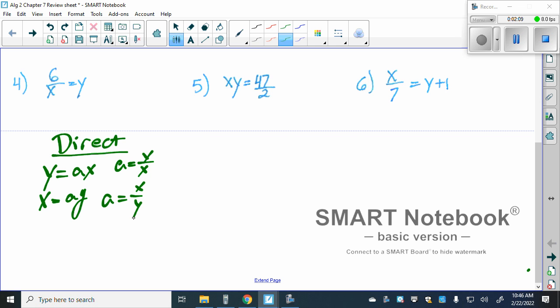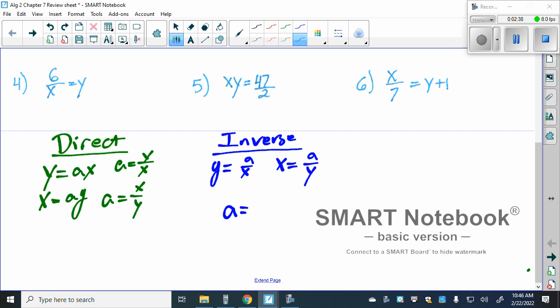And really for this here, we're just talking about 2 variables and how they relate to each other. The other type we had was inverse, which is telling us that y is equal to a divided by x. And we could easily have just flipped those and say that x is equal to a divided by y.